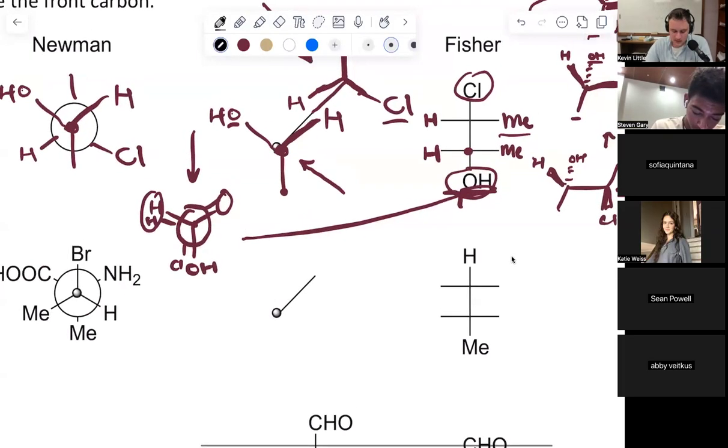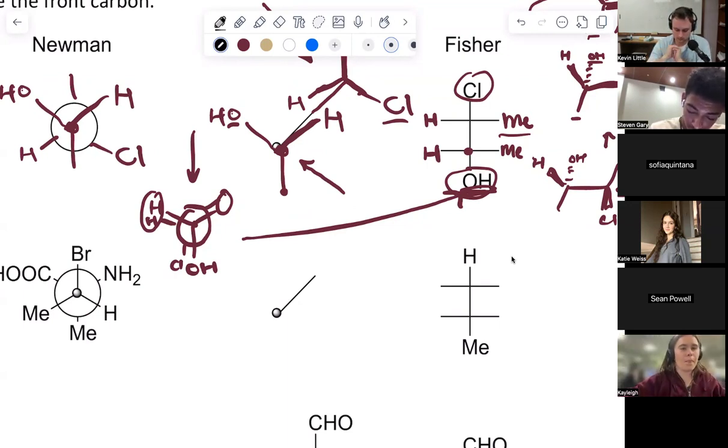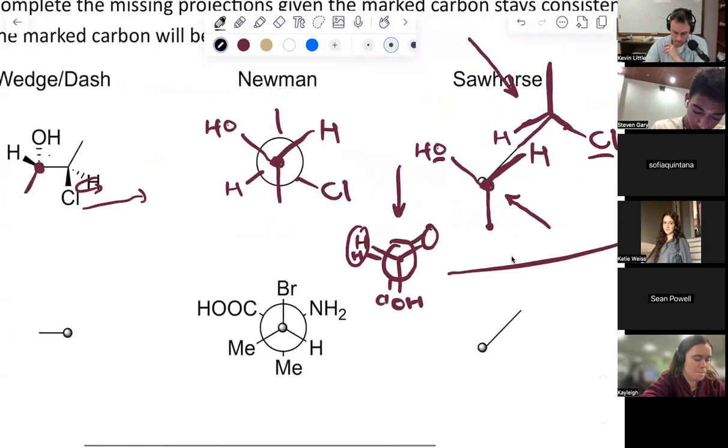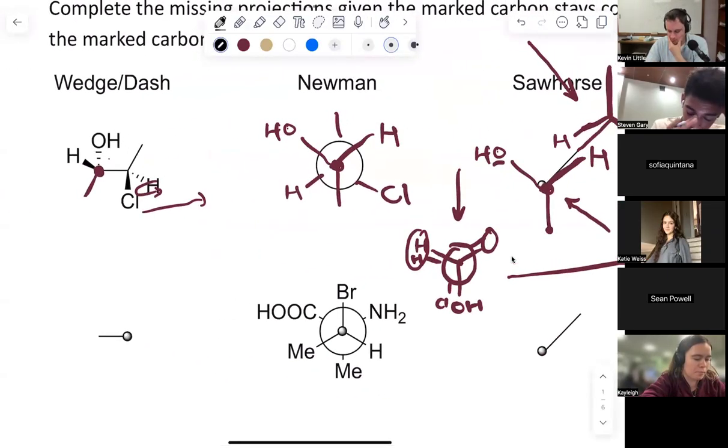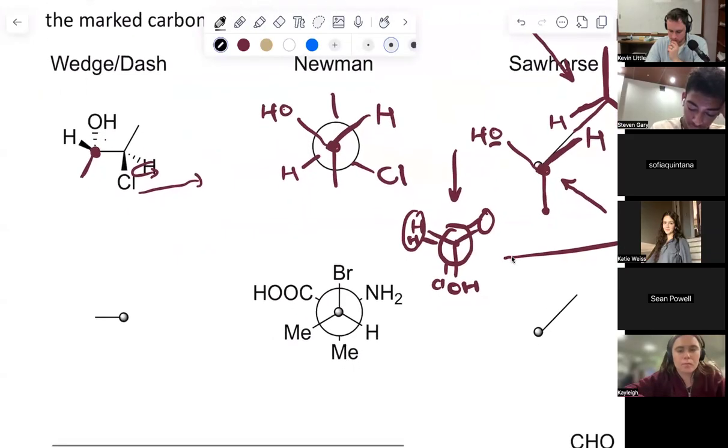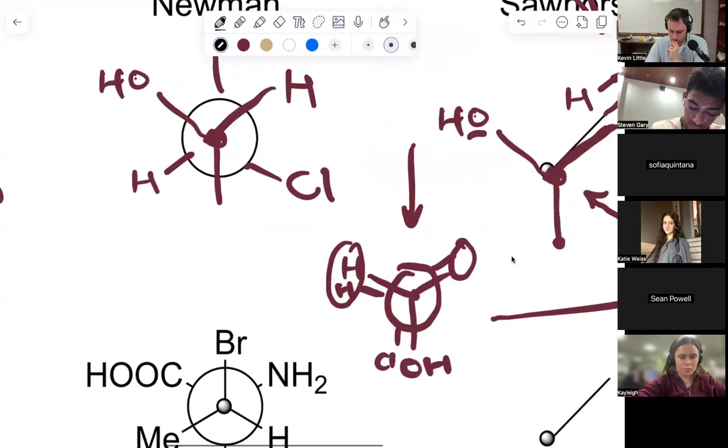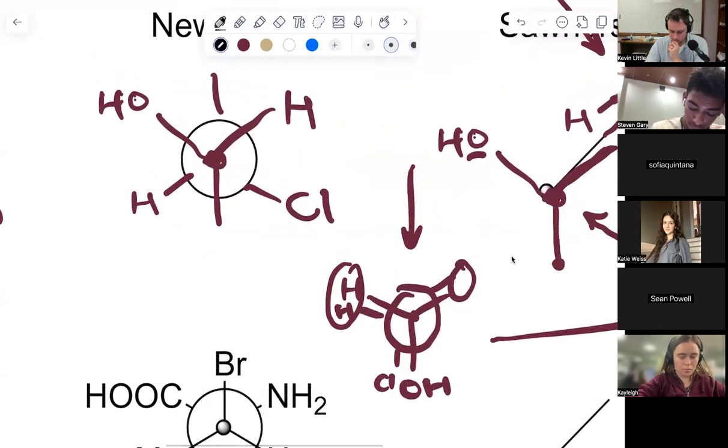I rotated this bond to make it easier to draw the Fischer from. It is not something I'm requiring you to do. I fully understand that. I'm just trying to figure out, if I had that Newman projection from that specific molecule, how do I know that I'm facing them down, which puts the H's on the left?